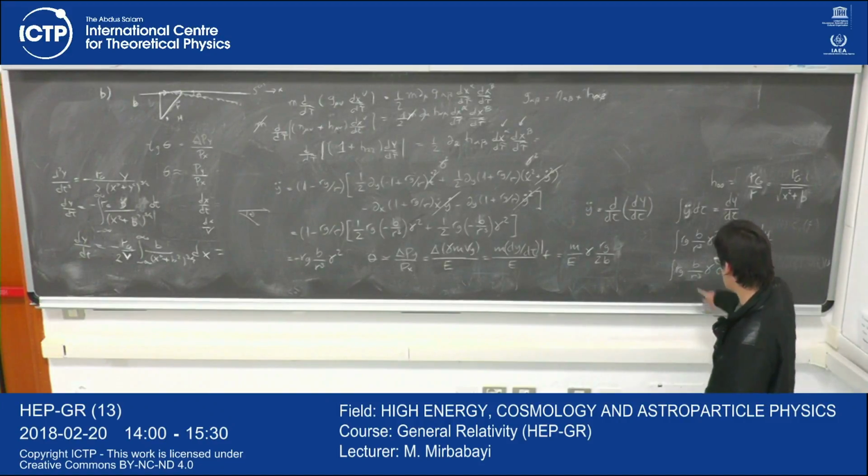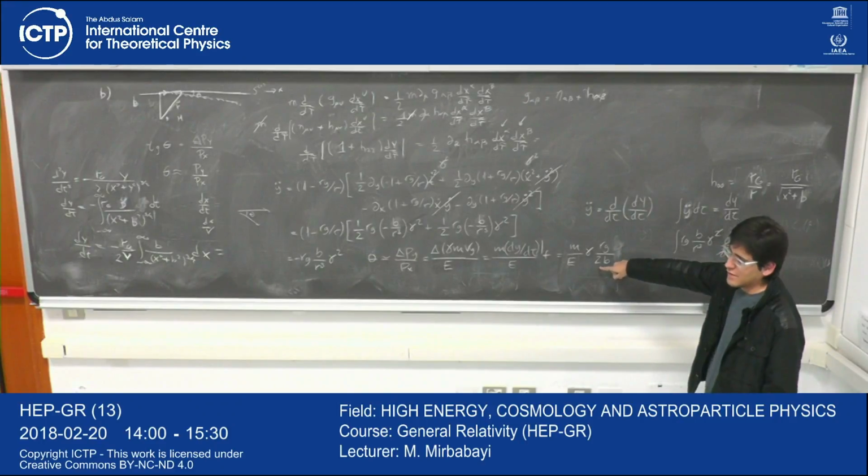Taking this equal to B, it would be 1 over B times R_G times gamma times some numerical factor. Okay, that numerical factor is 2.